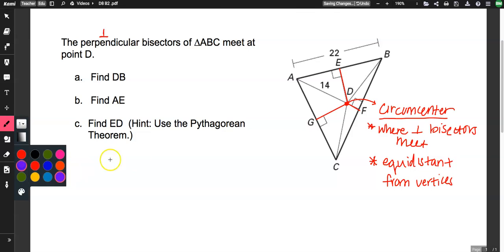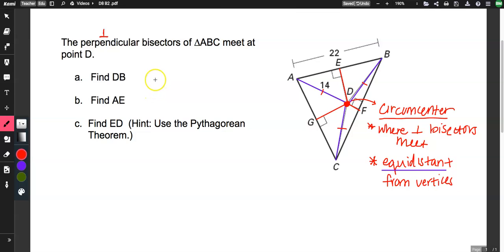So that means that these three segments are all congruent because they're equidistant from the vertices. So it's not that the perpendicular bisectors themselves are congruent, it's the distance from that circumcenter point where they intersect back to the vertices. That will help us solve the rest of this problem.